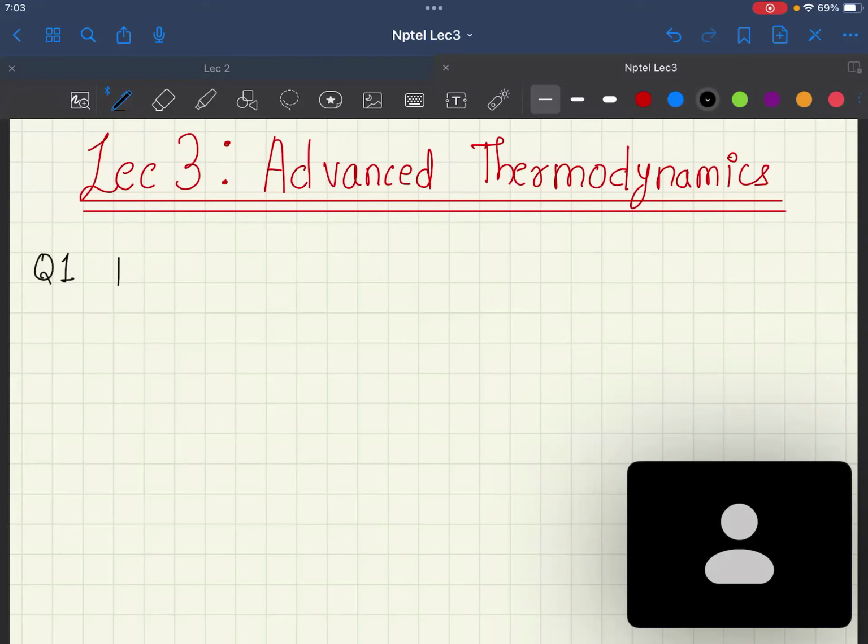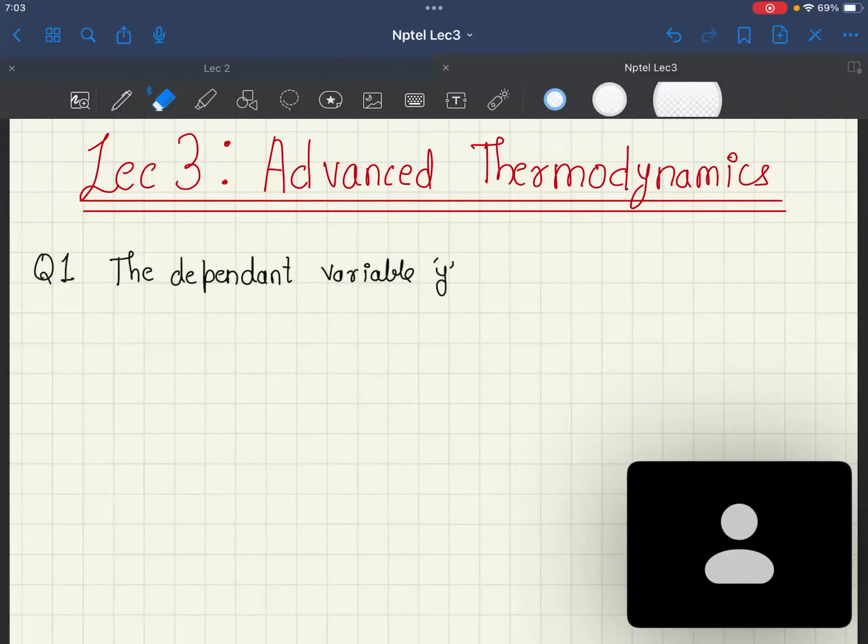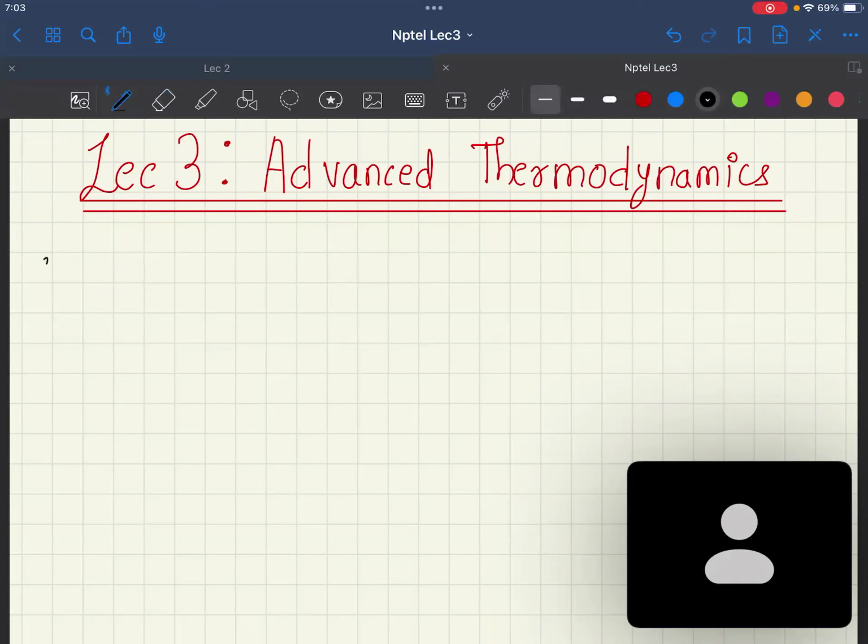The dependent variable y can be written in terms of, oh sorry, this is not the question. The first question is that let's say you have a function f of x equals y equals x plus 1 square.